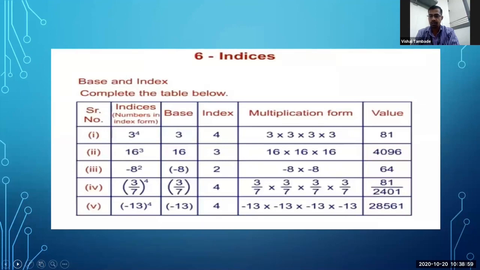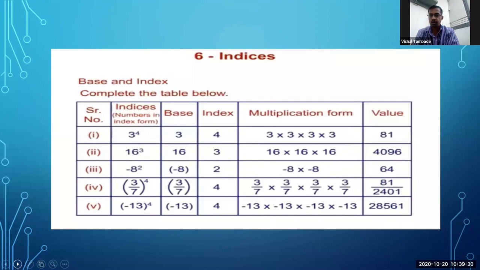If our power is 4, we have to multiply 16 four times. But here our power is 3, so 16 multiplied by 16 multiplied by 16. After multiplication, our answer is 4096.